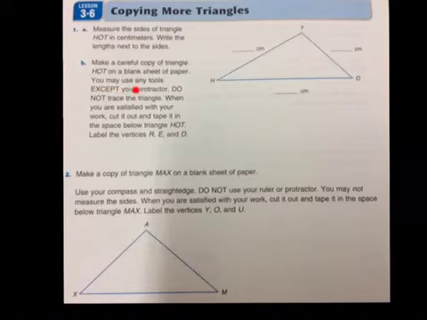You may use any tools except your protractor. Do not trace the triangle. When you are satisfied with your work, cut it out and tape it in the space below the triangle, HOT.